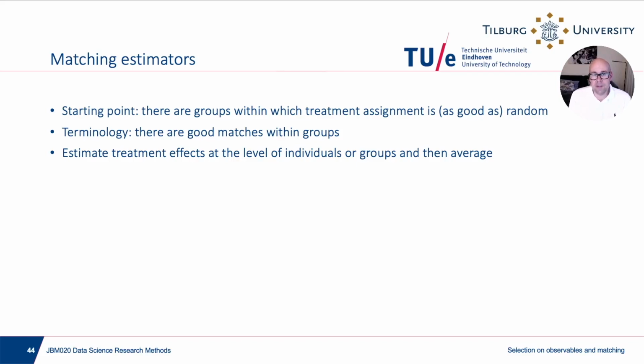And then one does this for many pairs of treated and controls, and one takes the average, and that's then supposedly or hopefully or under some conditions a good estimate of the average treatment effect, or the average treatment effect on the treated, or some other treatment effect parameter. And we will see in this presentation how we should think about this and how we should formalize this.